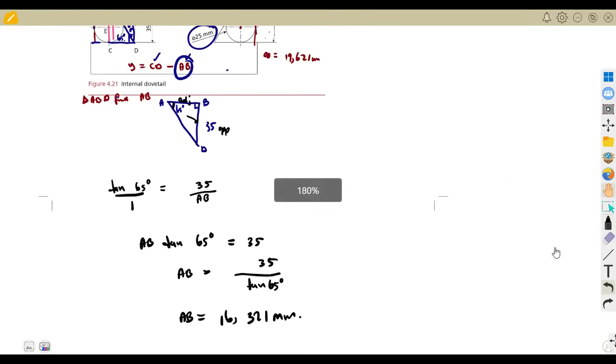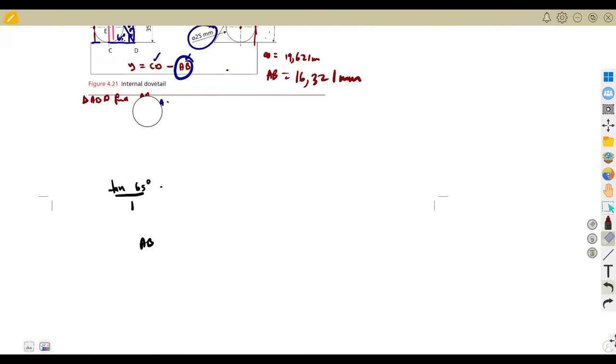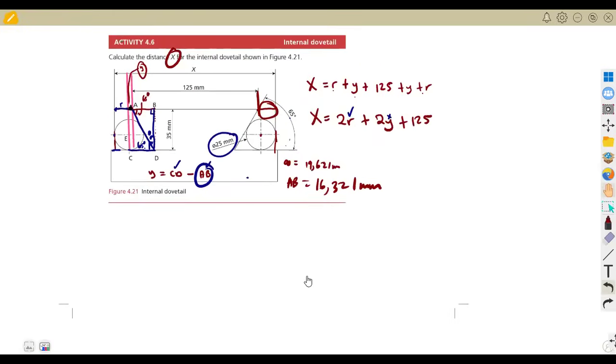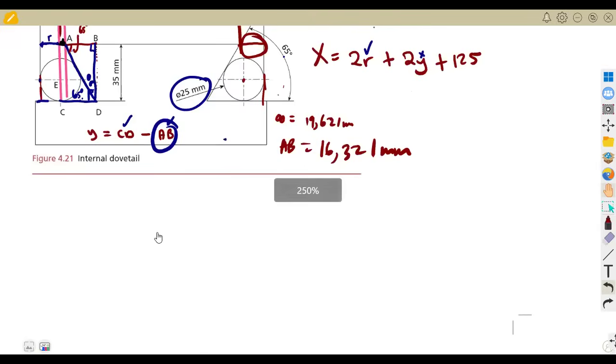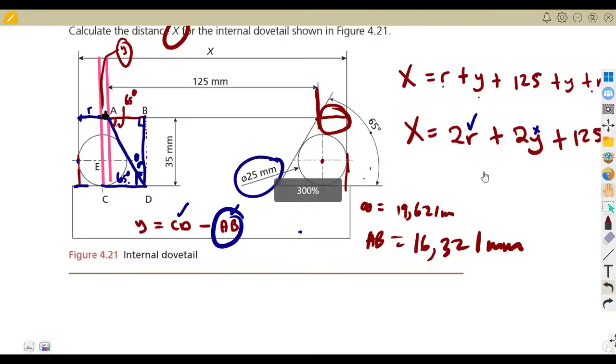Now that we have our AB, let us take this. AB, we calculated this: 16.321 millimeters. So guys, we can find our Y in that case, because we said Y is the difference between these two, CD and AB. If I remove AB from CD, I remain with Y. That is missing here.